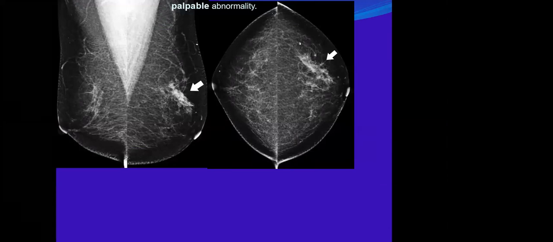There is focal asymmetry at the upper outer quadrant of the left breast, on all these images. If you look at the parenchyma, this is a disc. If you divide it, it's almost occupying the whole quadrant.